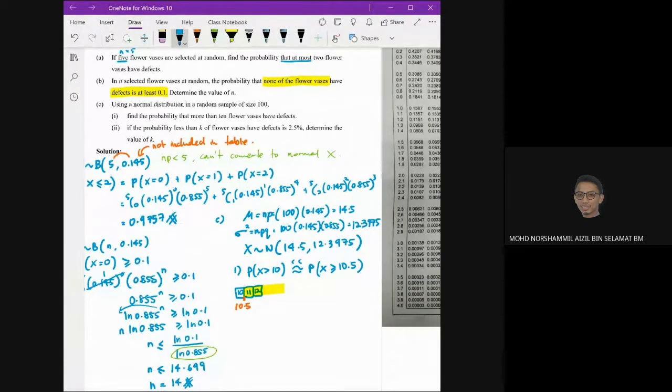Okay. So we have X distribution. So convert to Z. So 10.5 minus 14.5 divided by square root of 12.3975. Please calculate. What do you get?